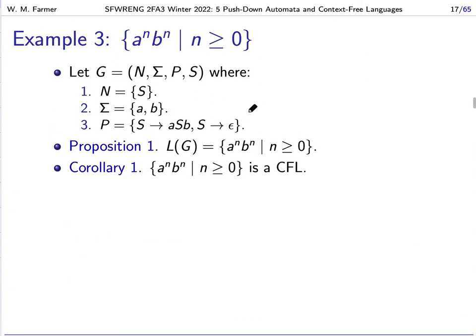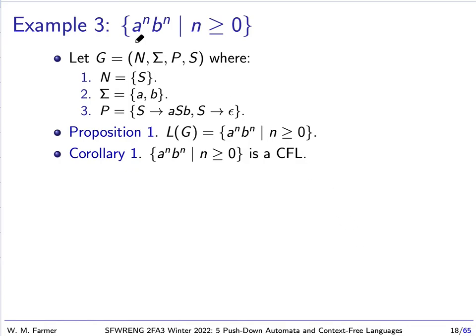And another example was this language A to the N, B to the N. This language is also context-free but not regular. And notice again, it's a linear language because it has a grammar whose productions are all linear.